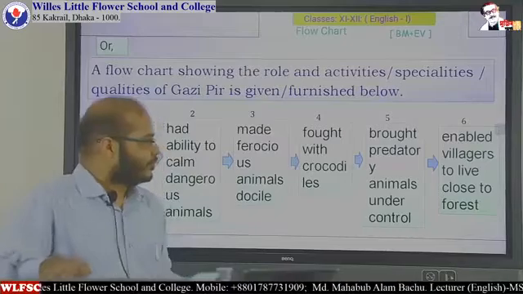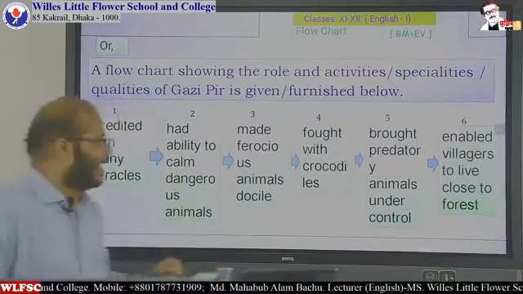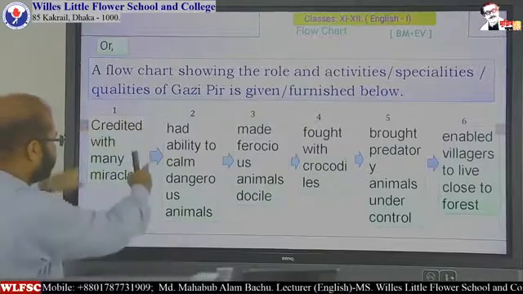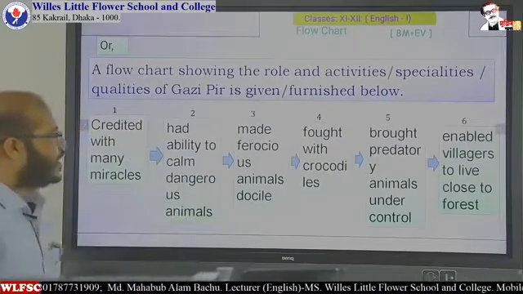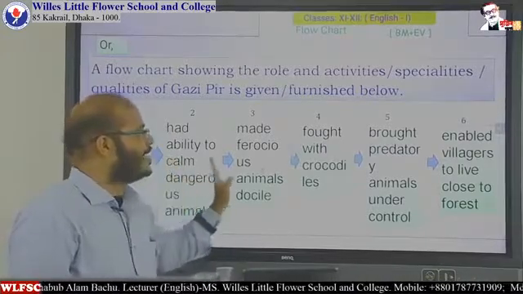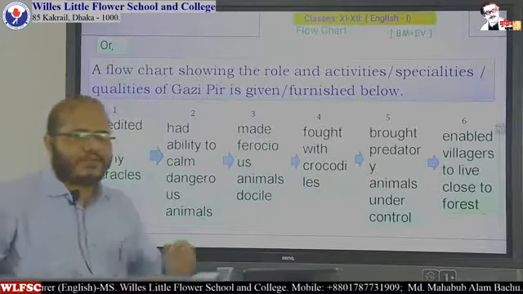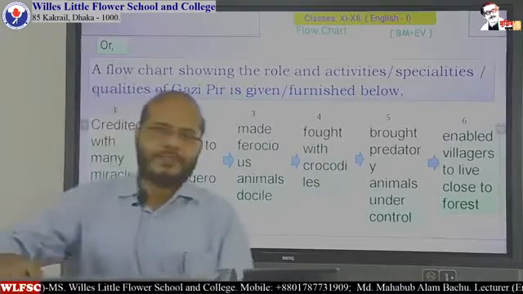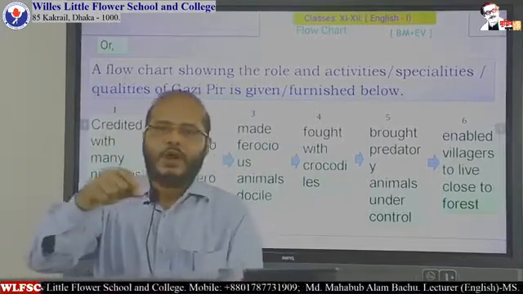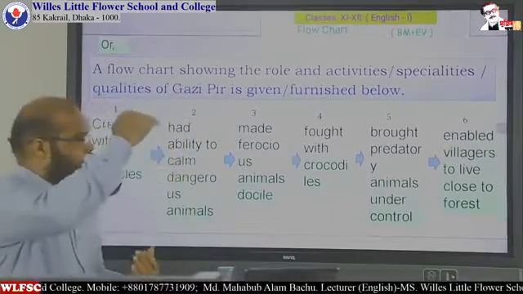So you have to write this flowchart following this, and at the same time you must draw this box, and you should write this box according to the right direction. Sometimes students try to write in lower direction, or from upper to lower direction.